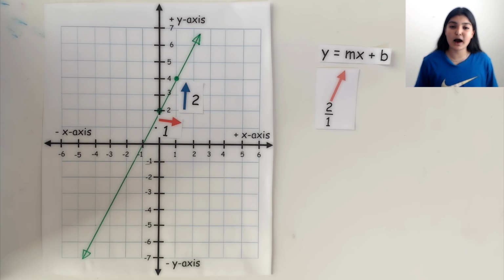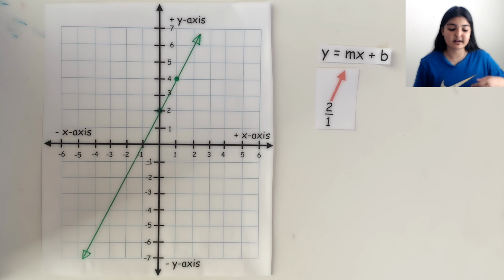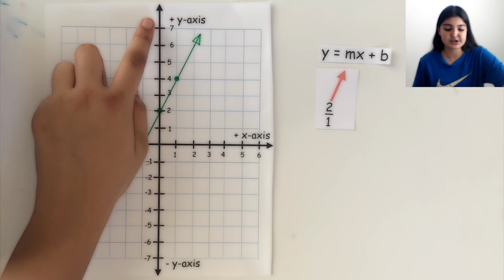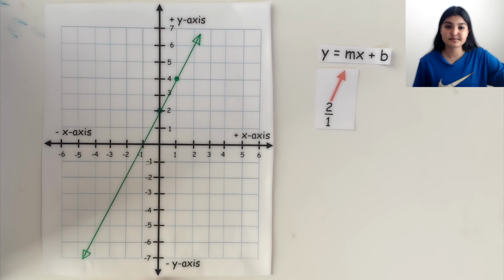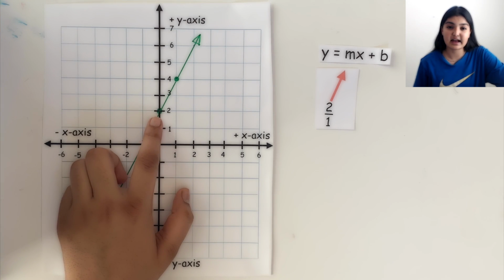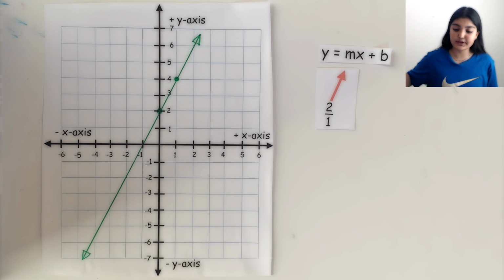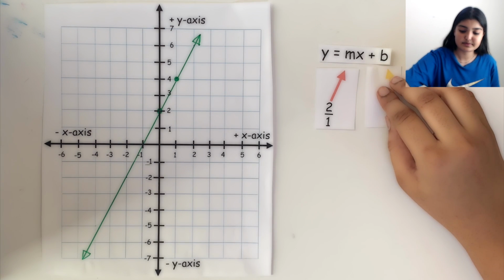But what about the y-intercept? Well, where does the line intersect the y-axis? As you can see, it intersects at 2 on the y-axis. So the value of B is 2.